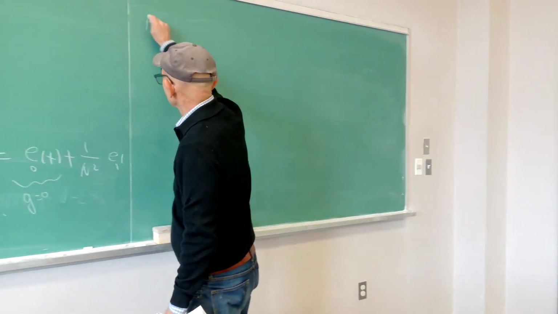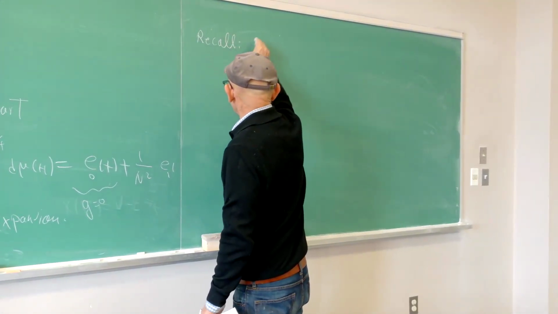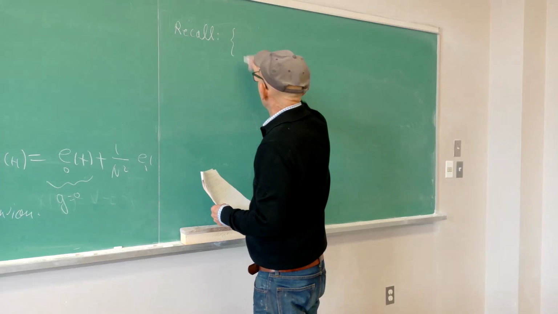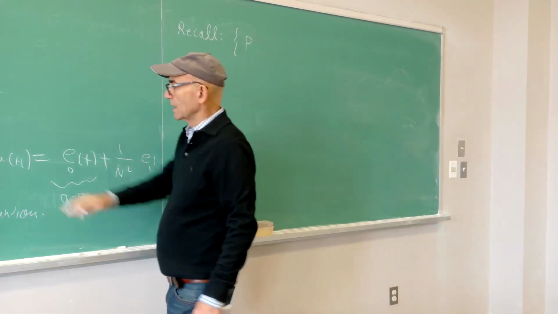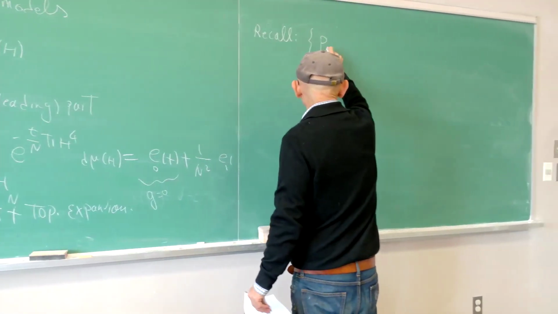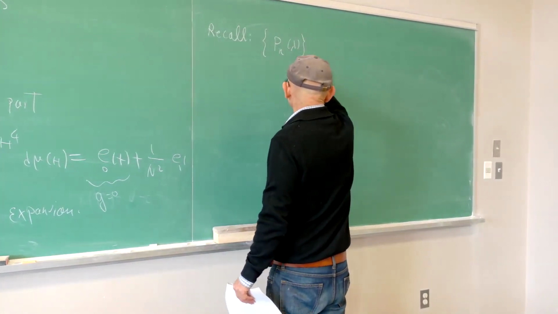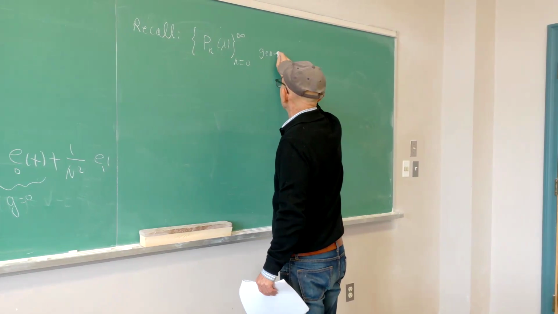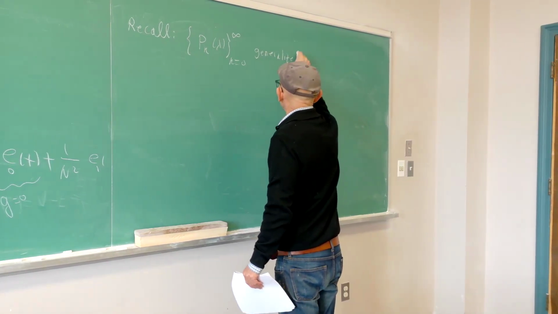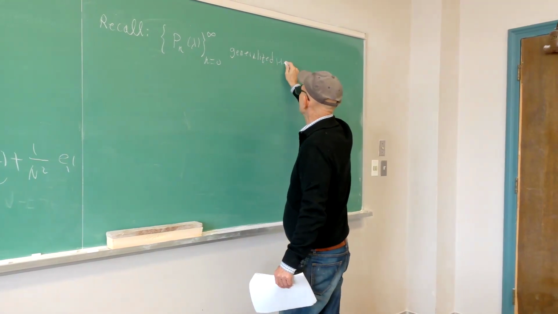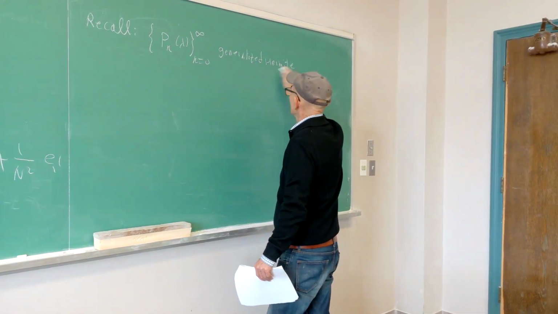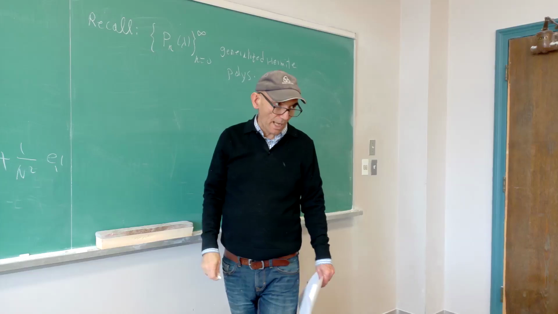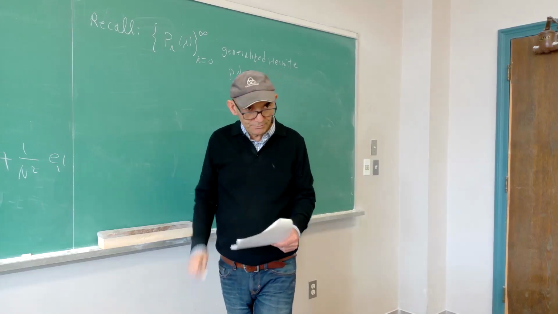So recall, we had some polynomials, these are like p_k of lambda, k from 0 to infinity. So it's the generalized Hermite polynomials. One crucial property that they had was that there's a recursion relation between them.